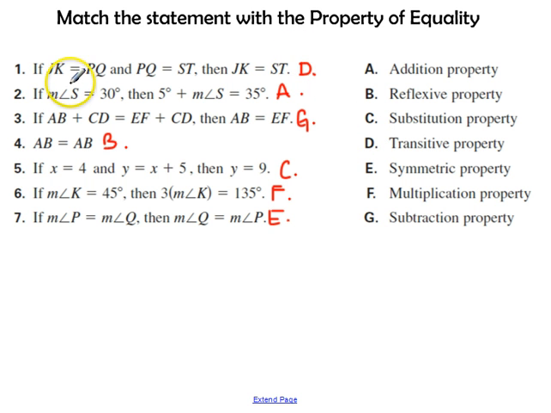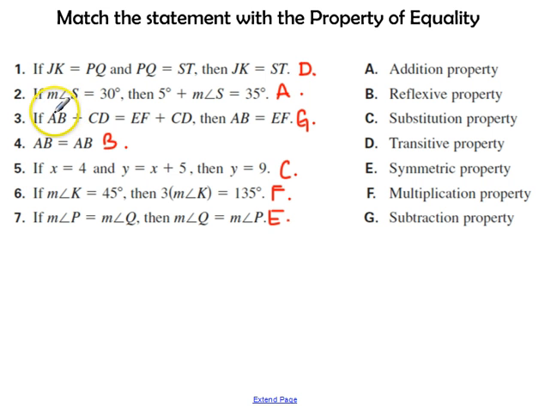Second one, if the measure of angle S equals 30, then 5 plus the measure of angle S equals 35. All we did from the first part to the second was add 5 degrees to both sides. When you add the same thing to both sides and leave the equation true, that's the addition property. In this one, if the length of AB plus the length of CD equals the length of EF plus the length of CD, then the length of AB equals the length of EF.